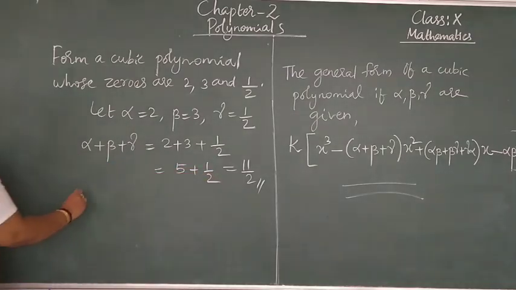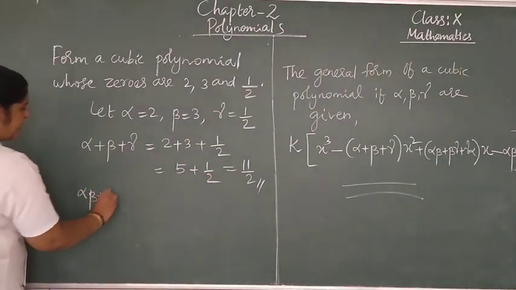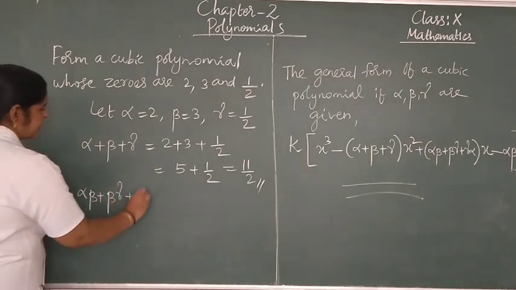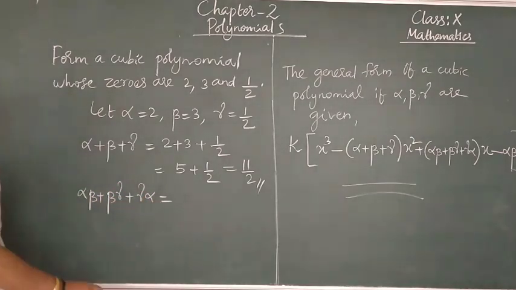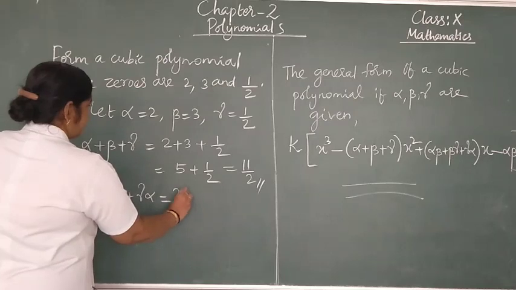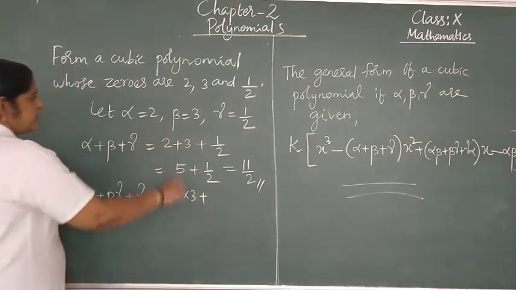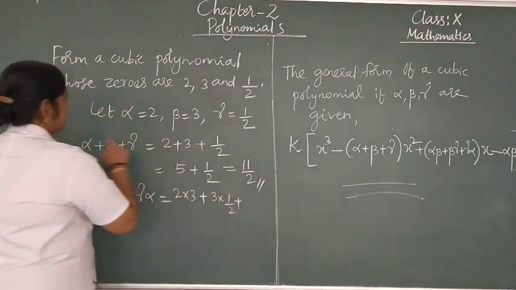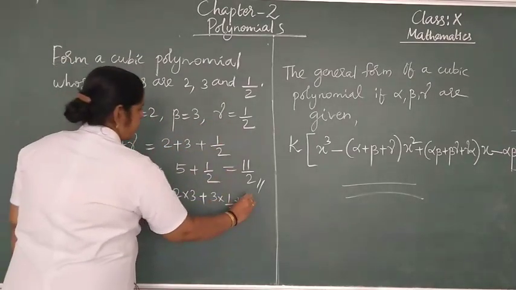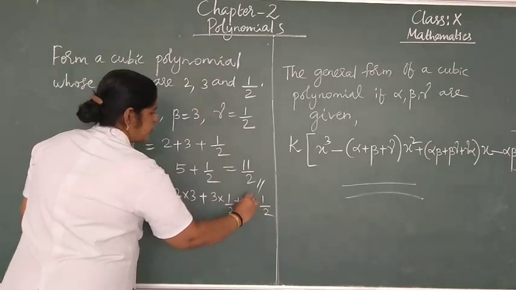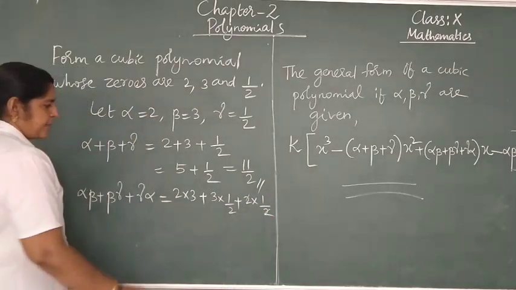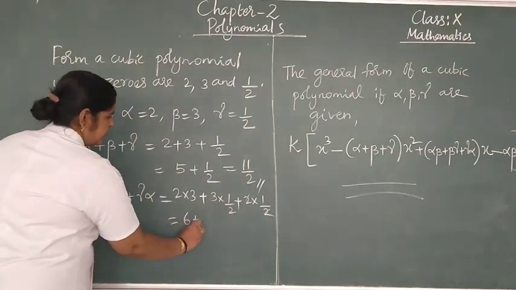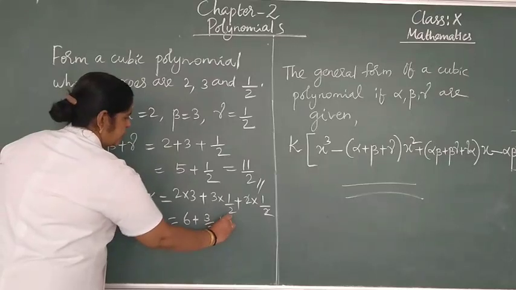Now we need to find out alpha beta plus beta gamma plus gamma alpha. Put the values. Alpha 2 into beta 3 plus 3 into 1 by 2 plus 2 into 1 by 2. Now here this 2 and 2 can be cancelled and we get 6 plus 3 by 2 plus 1.